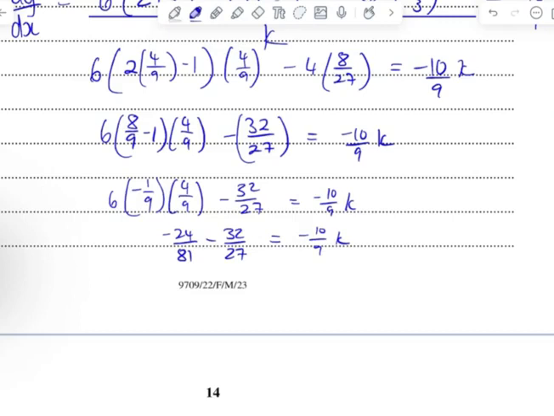Okay, these can be simplified, and your answer should be 4/3.